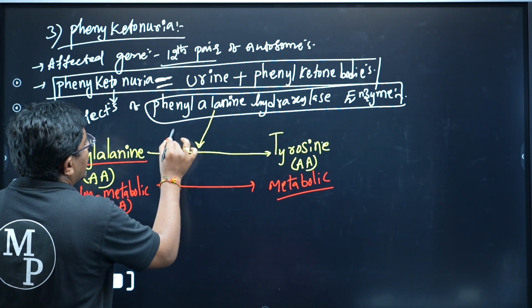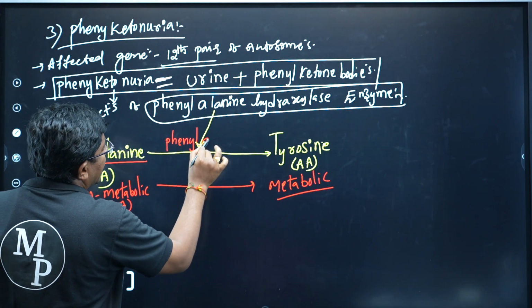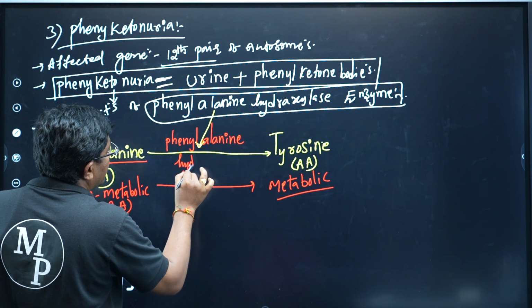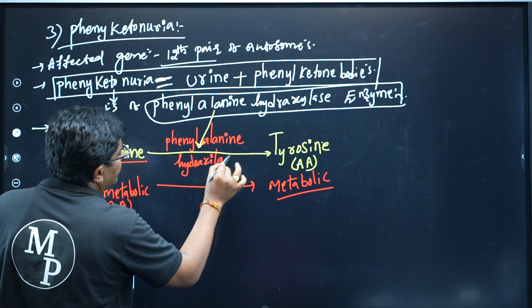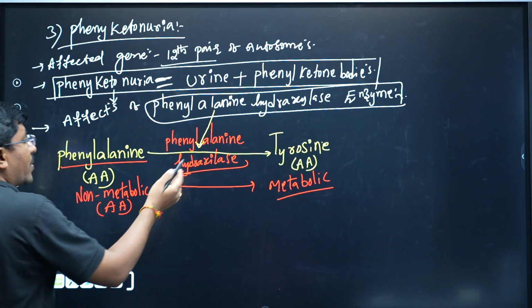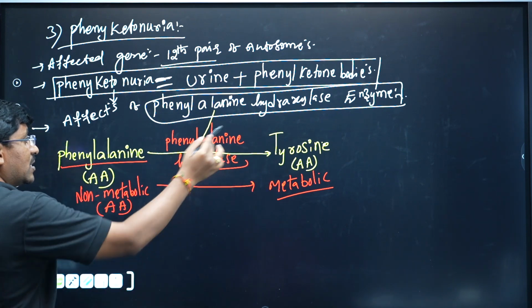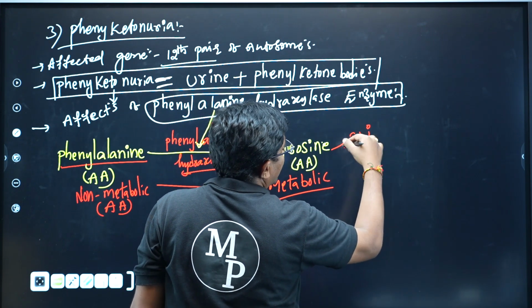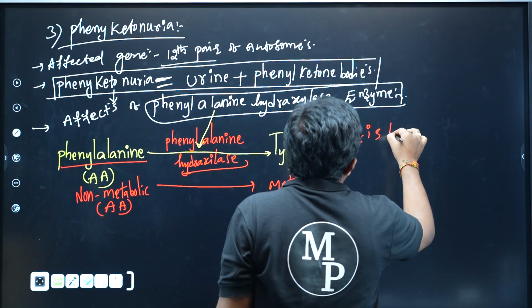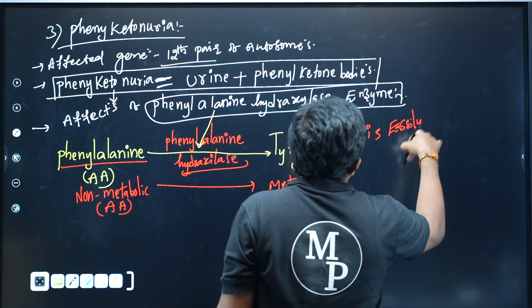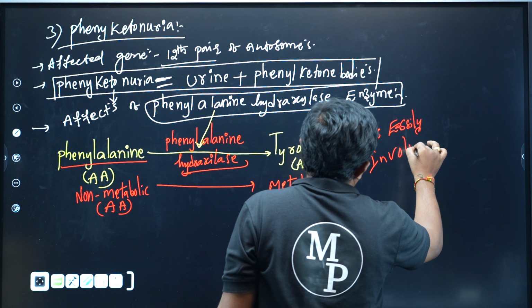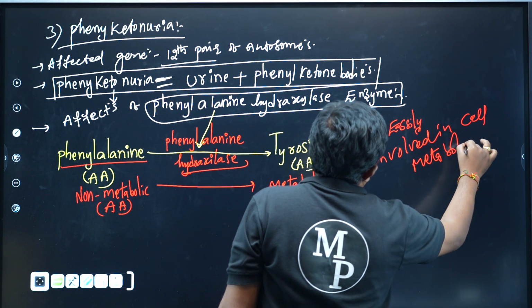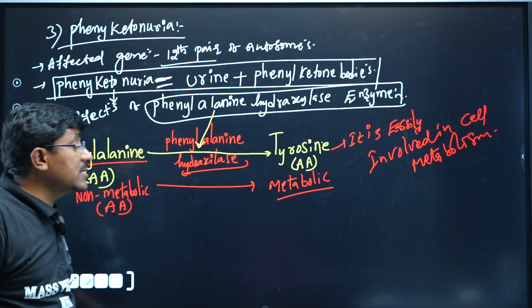With the presence of the enzyme phenylalanine hydroxylase, the amino acid is converted and easily involved in cell metabolism.